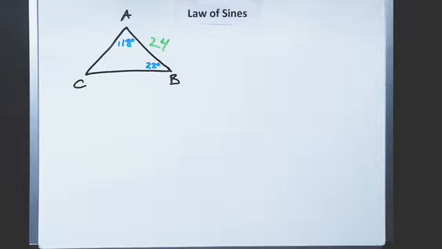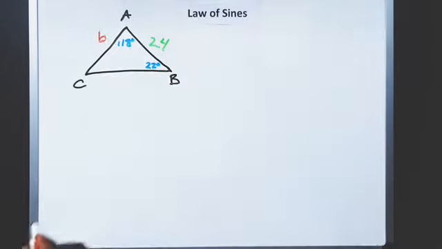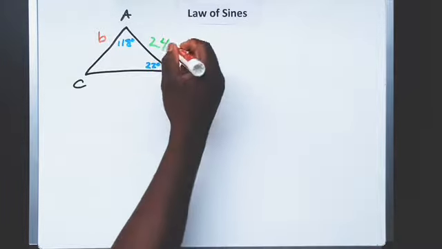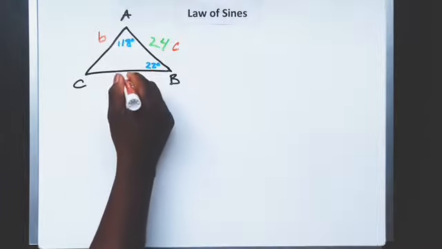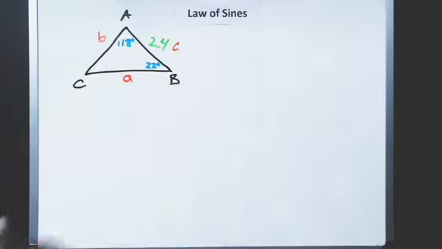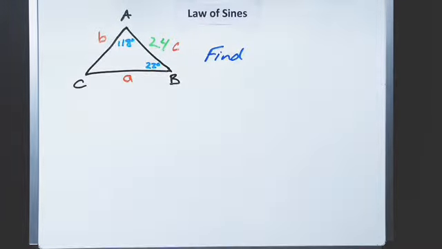What we need to do now is label the sides. If this is angle B, then this is side B, lowercase b. If this is angle C, this is lowercase side c. If this is angle A, then this is lowercase a for side A. Now, what they want us to do is find AC.